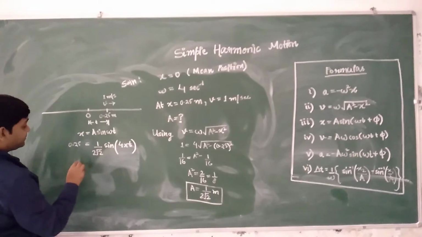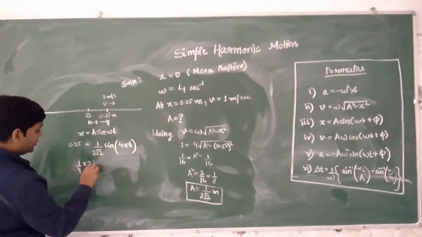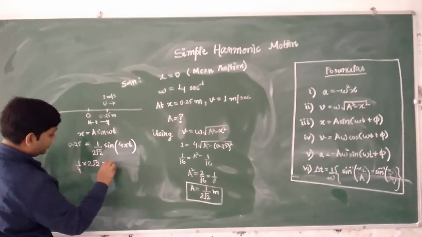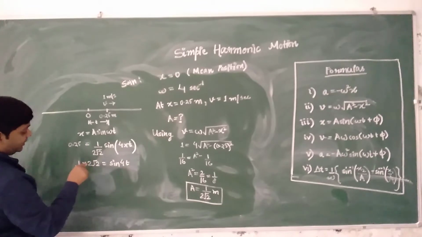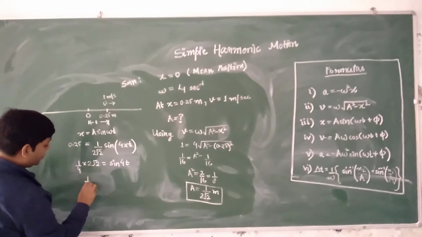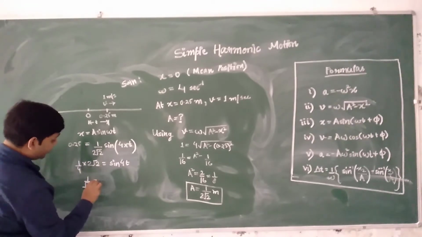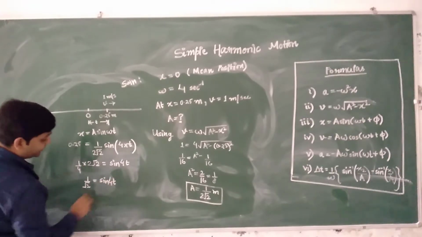We will have 1 by 4 into 2 root 2 is equal to sine 4t. This 2 and this 4 get cancelled, 2 2s are 4, and then we will have 1 upon root 2 here. On solving this, we have 1 upon root 2 is equal to sine 4t, right?